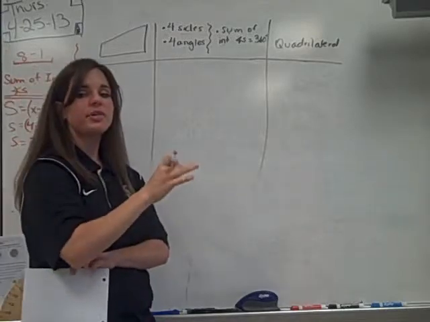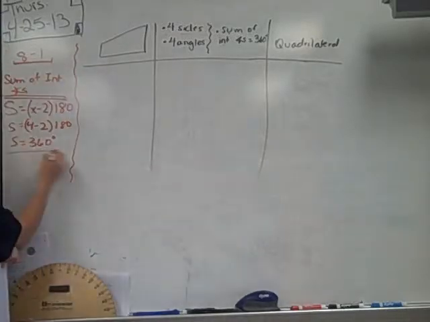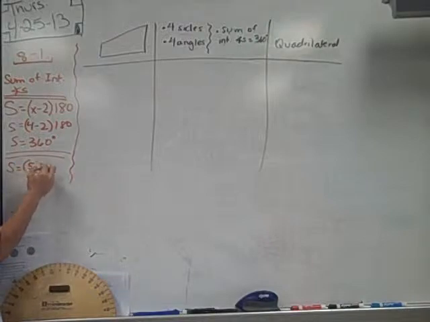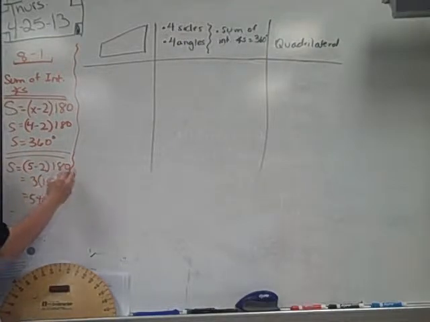Is that going to be true for every polygon? No. What if you have more than 4 sides? What if you have 5 sides? A pentagon. Well, 5 minus 2 gives you 3. 3 times 180, that total of the interior angles is 540.